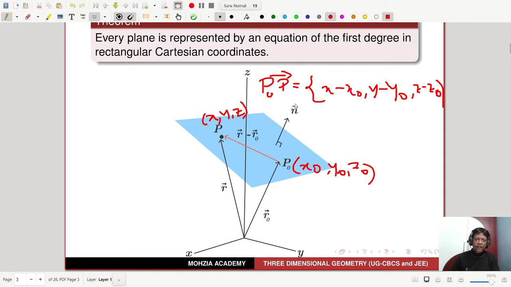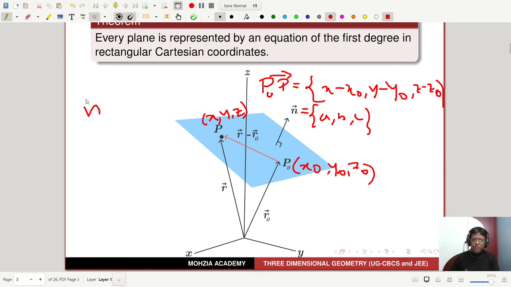And you look at that, n is a normal vector perpendicular to the plane, and suppose the components of n are {a, b, c}. This is a vector, so its components are written in curly braces. You see n and P naught P are perpendicular to each other because n is the normal vector perpendicular to the plane, so it will be perpendicular to any line on the plane. And P naught P is such a line or vector.